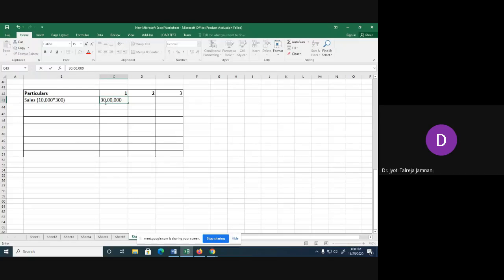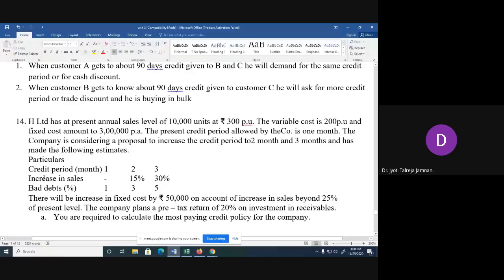Okay, then if we give 2 months credit, they're telling the sales will increase. So the sales here you can see increase in sales. For 1 month it is nil because for 1 month they are selling 10,000 units, there will be no increase. But if you give 2 month credit, the increase is 15%.